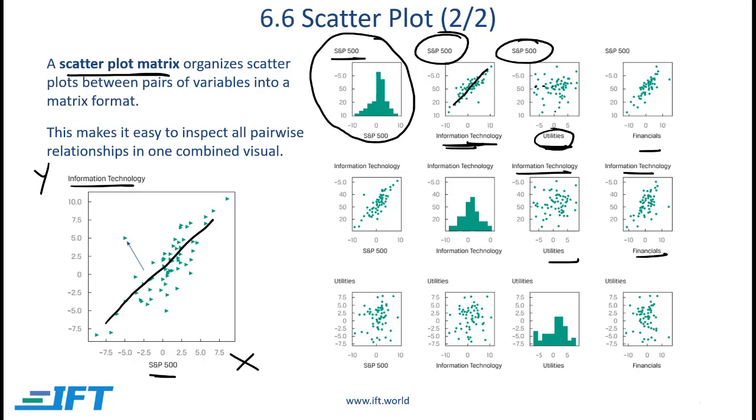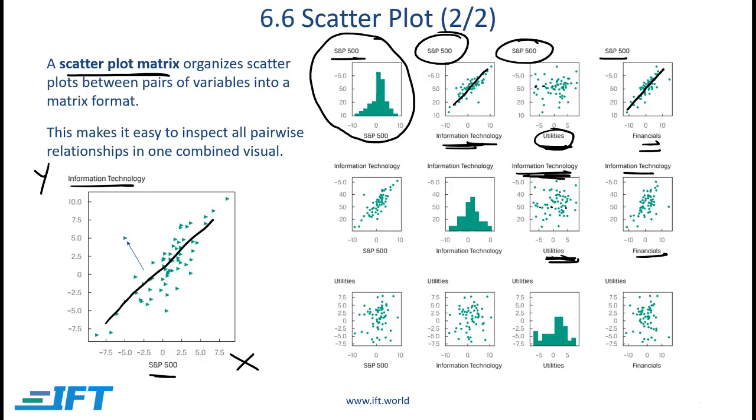We can have a situation where S&P is quite high, but utilities then could be high or fairly low. Then we have S&P versus financials. This also appears to be a positive correlation. Here we have information technology versus utilities. So it doesn't seem like we have much of a relationship between these two variables.